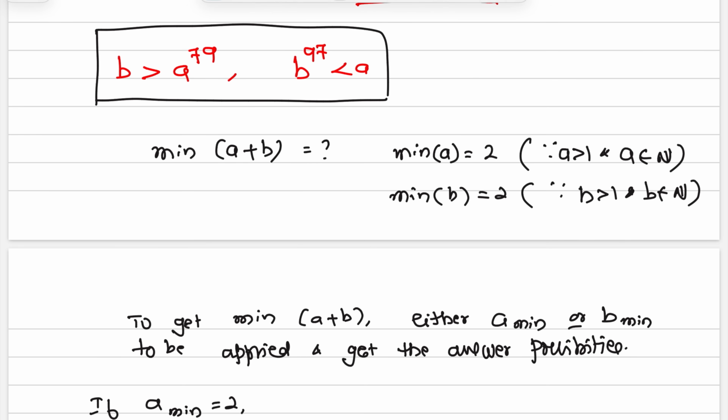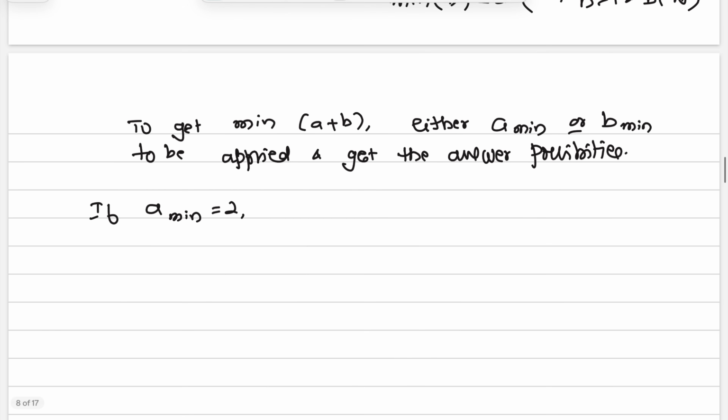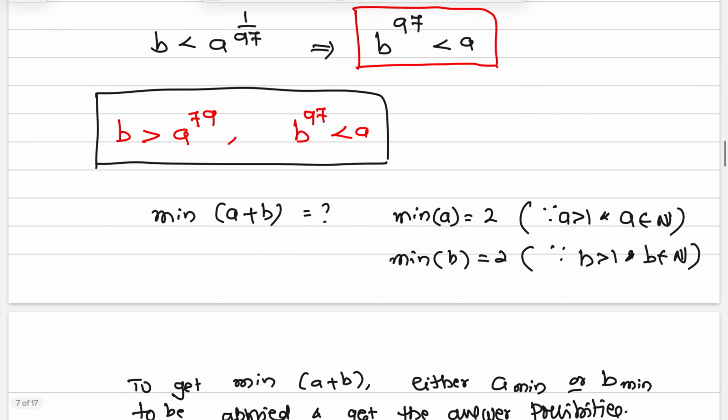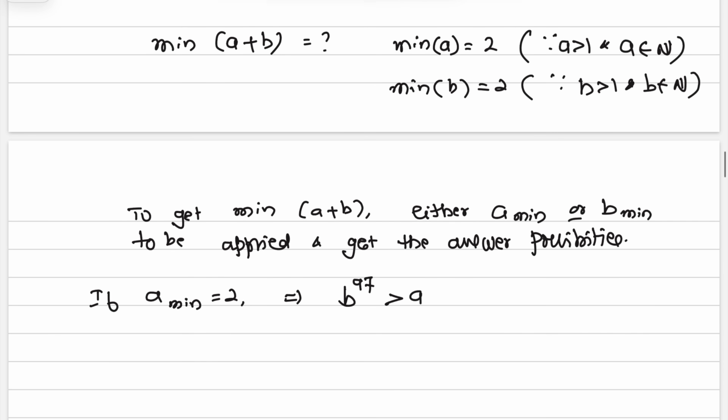Hence, b to the power of 97 less than a becomes impossibility.